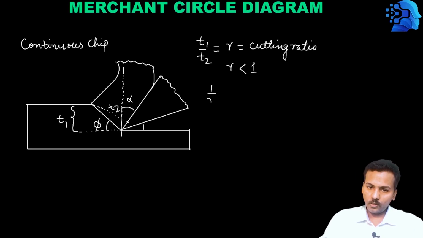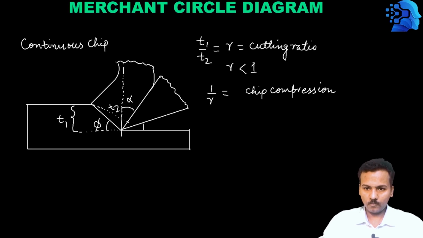The reverse of this cutting ratio is called the chip compression ratio, and this cutting ratio is also called the chip thickness ratio.